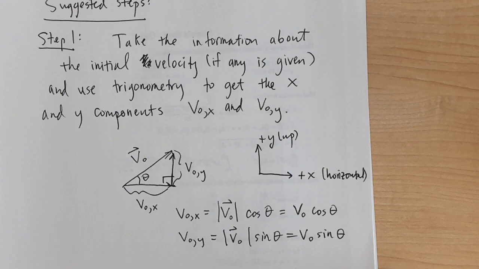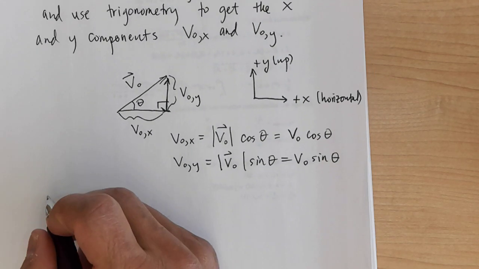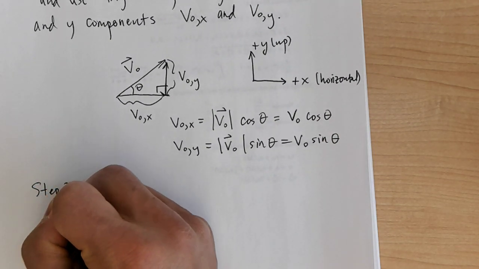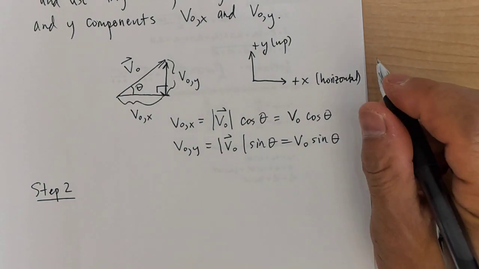Okay, now step 2. So step 1 was to get the initial velocity components.